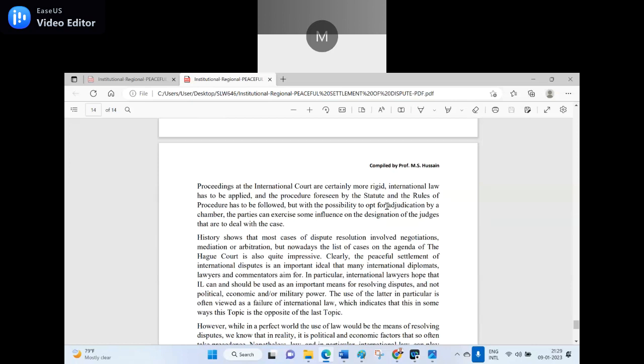So proceedings at the international court are certainly more rigid. International law has to be applied and the procedure foreseen by the statutes and the rules of procedure has to be followed, but with the possibility to opt for adjudication by chambers. You know, summary trials.